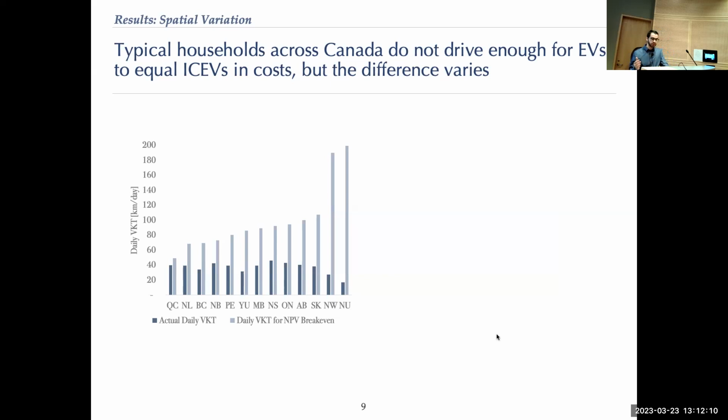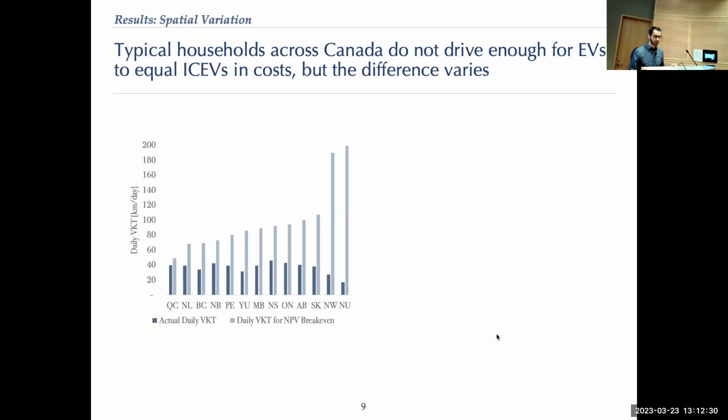Whereas the lighter shaded blue bar on the right-hand side is that VKT, or the amount that would be required for a gasoline car to equal in value to the electric car. And so what we actually see is that the variation is really drastically different across Canada.